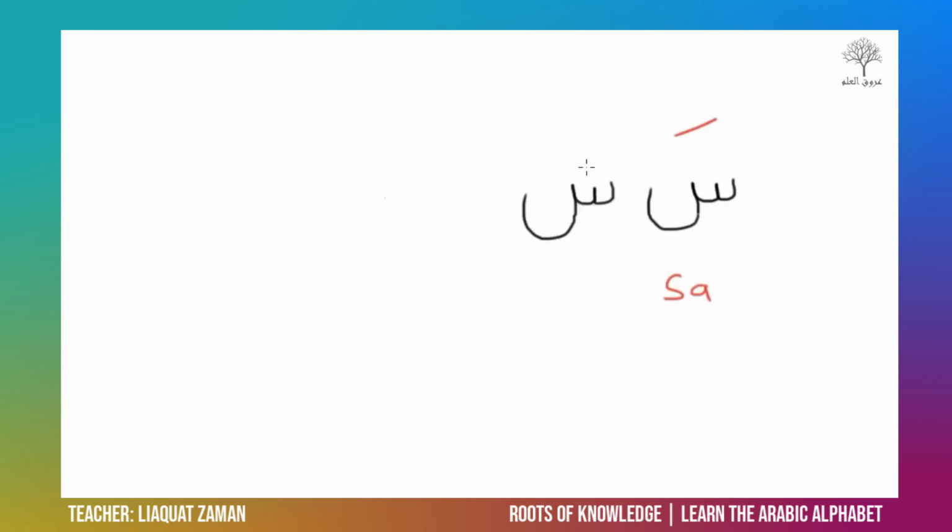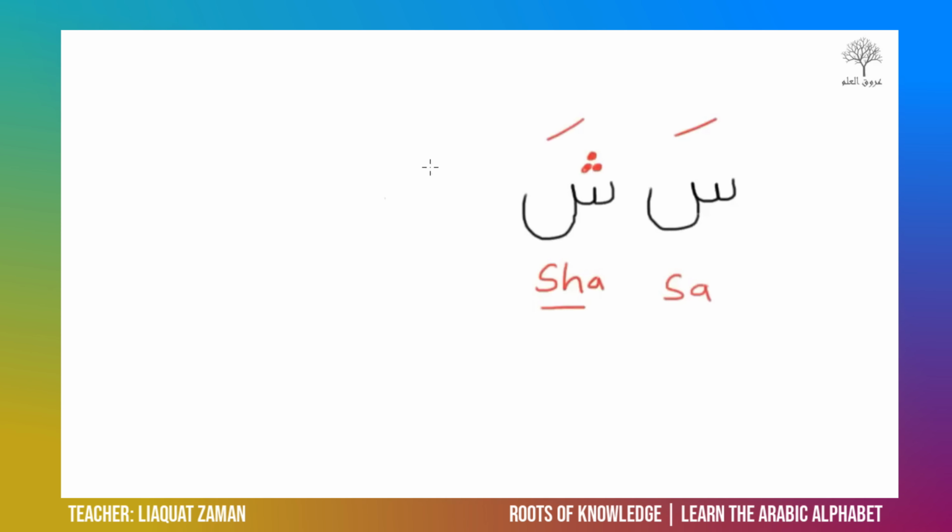However, this has 3 dots on top, a bit like the wool on the back of a sheep. So it gives the sound sha. So this is different from tha, that 3 dot one. This has some teeth at the bottom, so it's sha. Okay, so this is sa and sha.